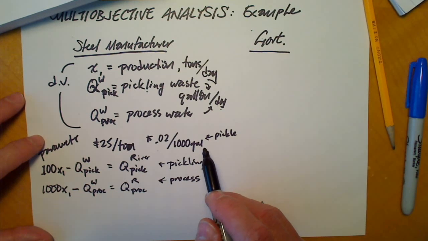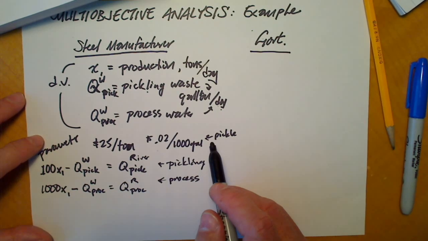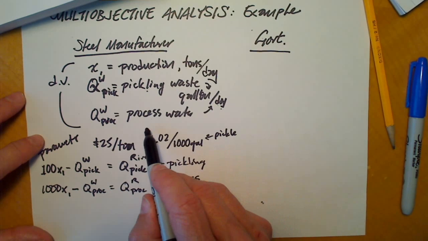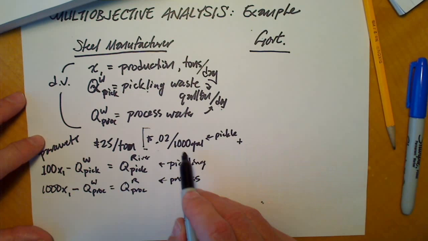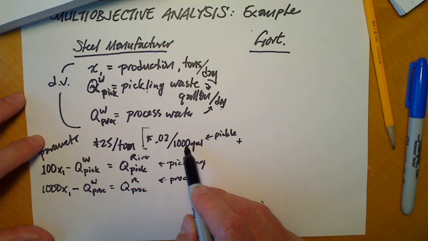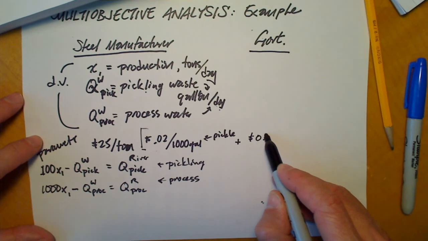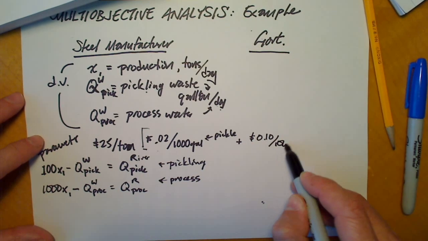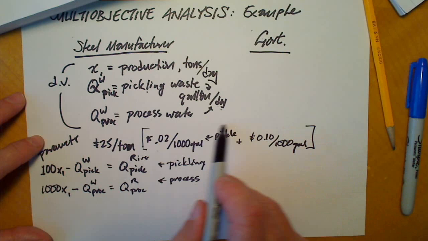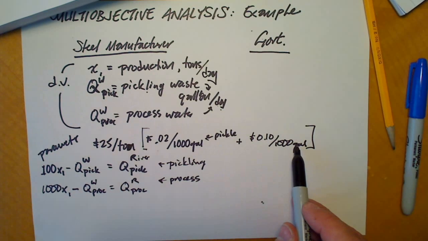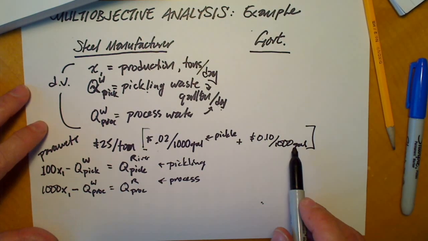For the pickling waste, there's a pre-treatment cost and a treatment cost. So we really need to add these two together, the pre-treatment cost and the treatment cost, being 10 cents per 1,000 gallons. Now we have a sense of the total cost of treating pickling waste.